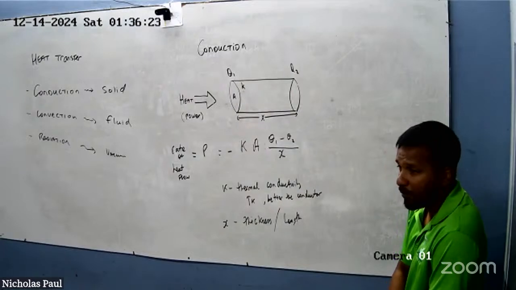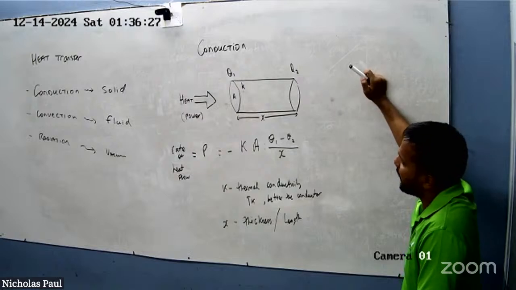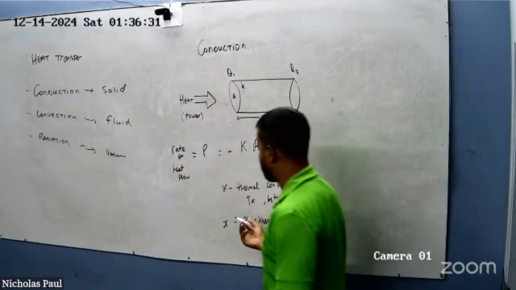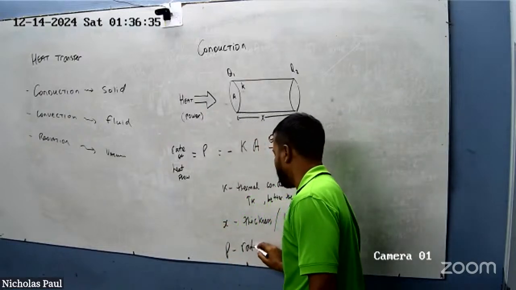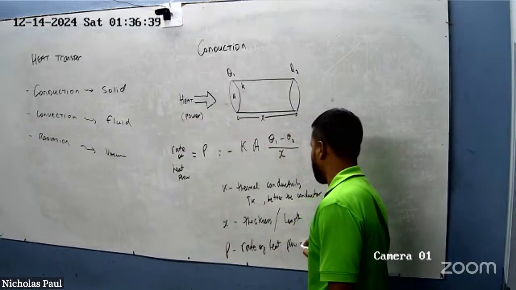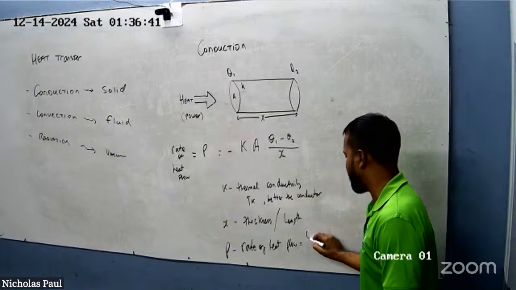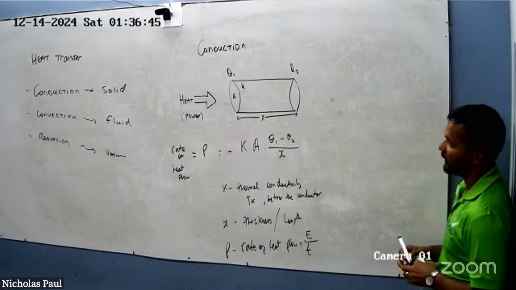These are the quantities that affect the rate of heat flow. Please remember that P is the rate of heat flow, which is equal to energy over time.